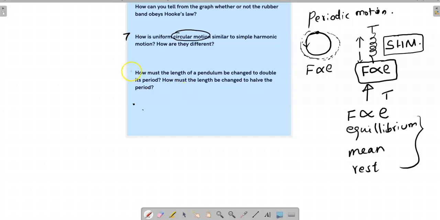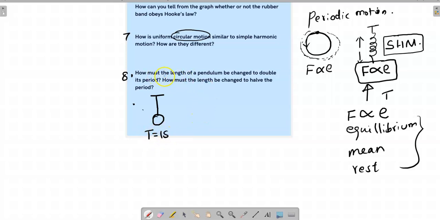We have tried these. And question number 8: how must the length of the pendulum be changed to double its period? Now we have a length of the pendulum here, and imagine the time period is 1 second.